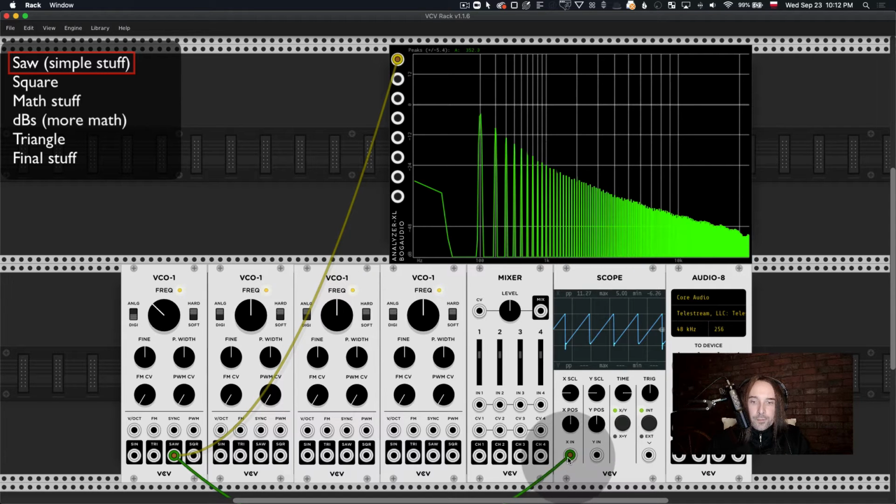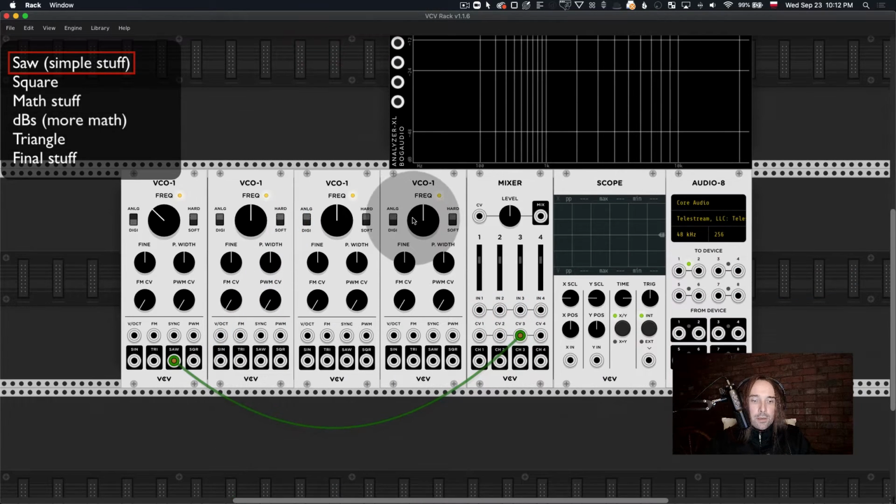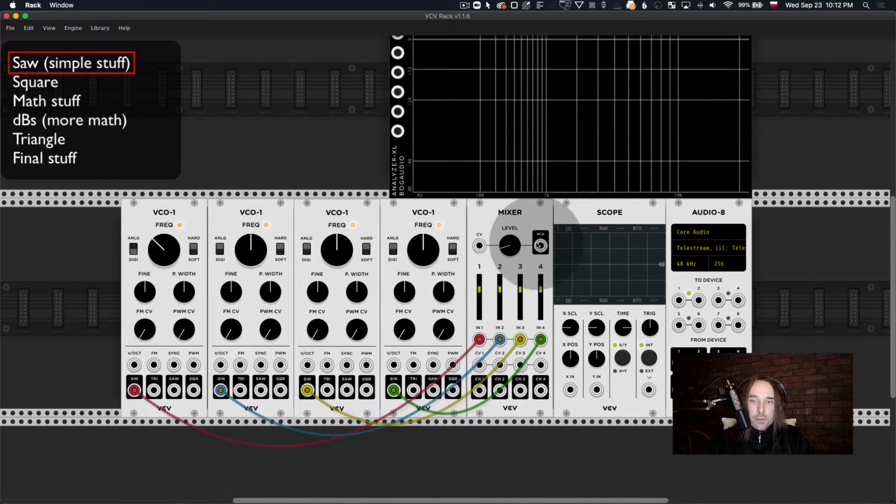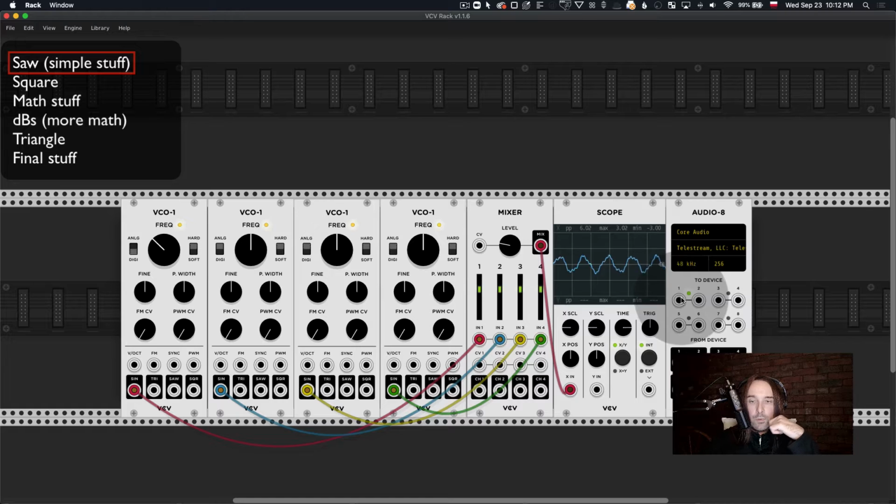Now, so let's get started. So what we want to do here is we want these 4 oscillators to be connected to our mixer, and our mixer connected to waveform display. That's one thing, right? And this waveform that you guys see right now, we want to hear it too.